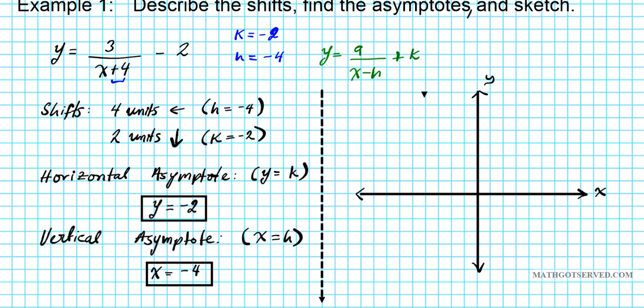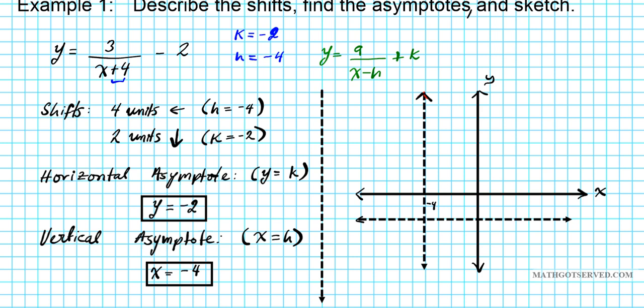And you draw your vertical line there. So that's our vertical asymptote. Now, next thing we want to find is our horizontal asymptote, which is y equals -2. Remember, your y line is horizontal. It's a zero slope. So we're going to go -2 in the direction of the y, 1, 2, and draw our horizontal asymptote.